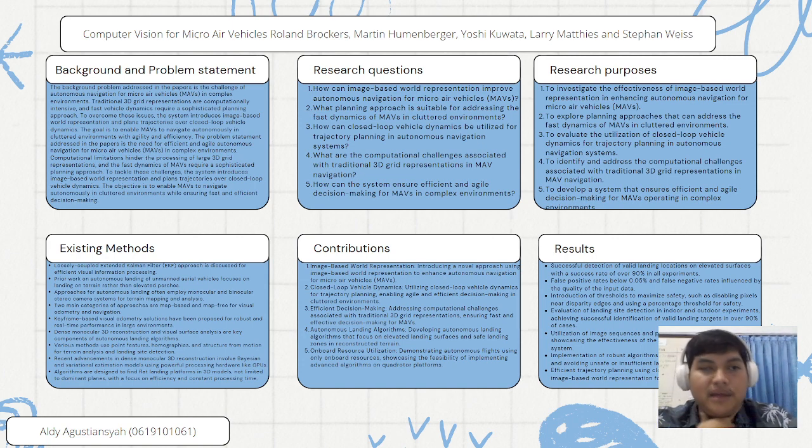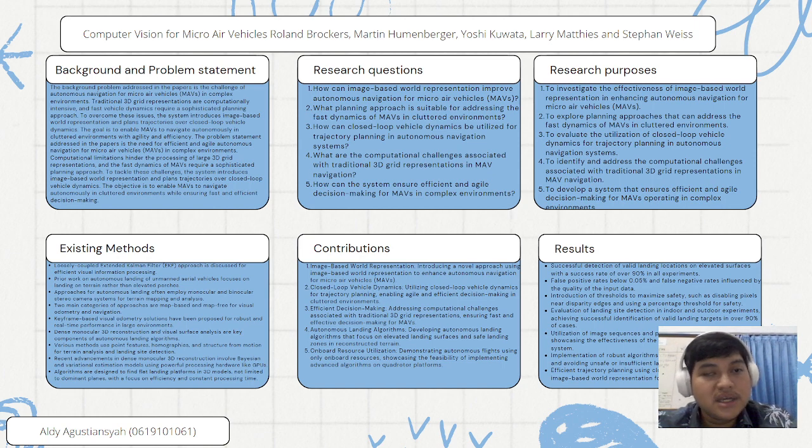Background and problem statement. The background problem addressed in the paper is the challenge of autonomous navigation for micro air vehicles (MAVs) in complex environments. Traditional 3D grid representations are computationally intensive, and fast vehicle dynamics require a sophisticated planning approach.